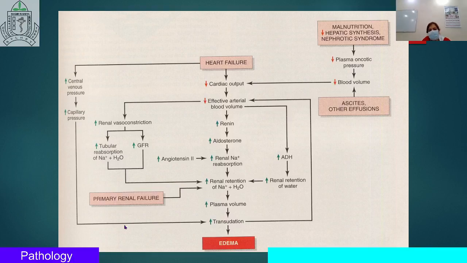If due to any cause there is renal failure, the kidney tries to cause retention of sodium and water. So this is the mechanism of edema due to heart failure, or malnutrition, that is decreased colloidal osmotic pressure.